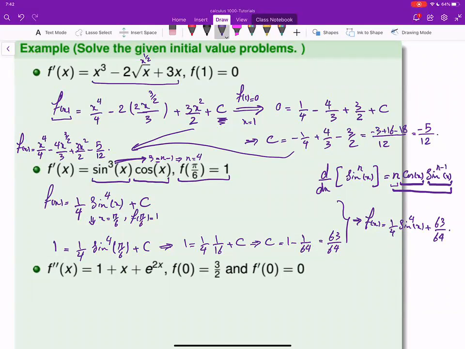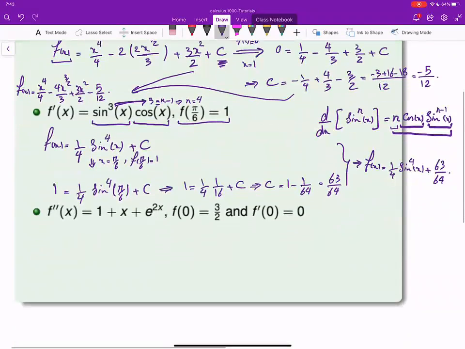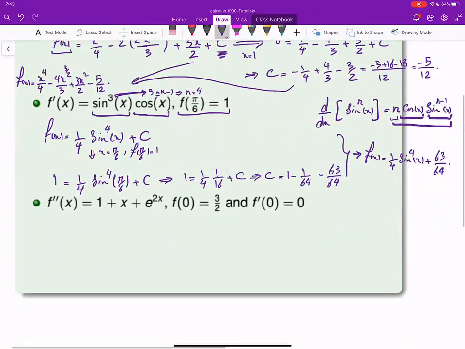That's another initial value problem. Let's do one more. Here, instead of f prime, f double prime is given. The key point here is that you remember that f double prime is the derivative of f prime. So we can go ahead and find the antiderivative of f double prime, which would be x squared over 2 plus e to the power 2x over 2 plus c.